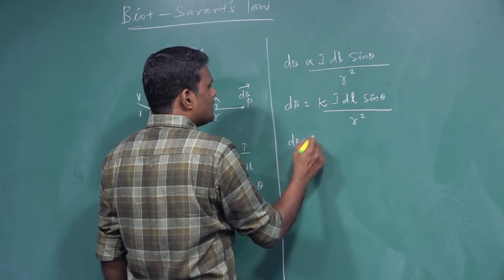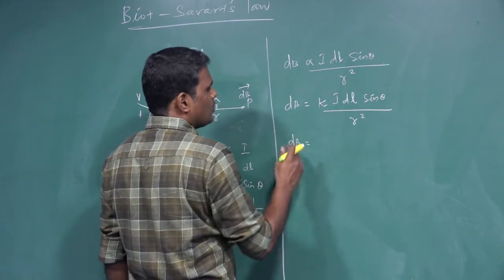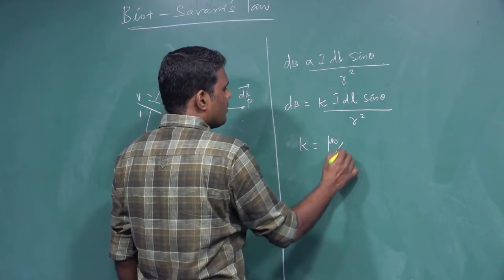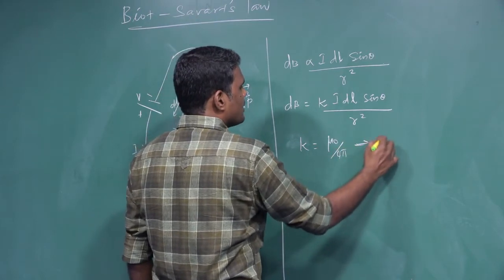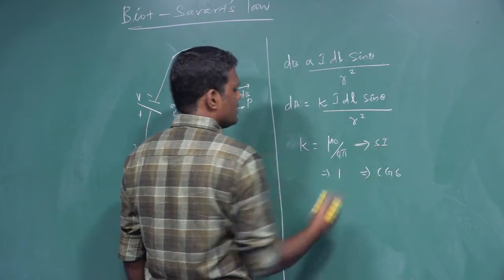And this constant can be replaced with some numerical value. I can write this value of k is mu naught divided by 4 pi in terms of SI units, and this is equal to 1 in terms of CGS units.